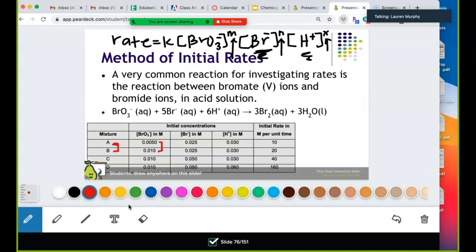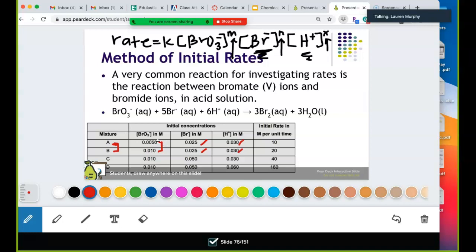So in experiment A, they used one concentration, and then in experiment B, they used a different concentration of it. And I noticed that between experiment A and B for the bromide and for the hydrogen, those guys didn't change.